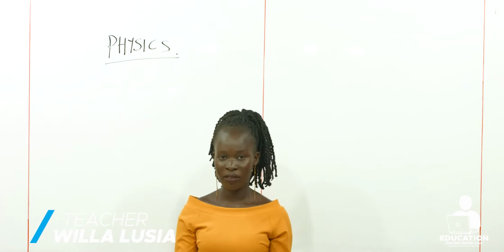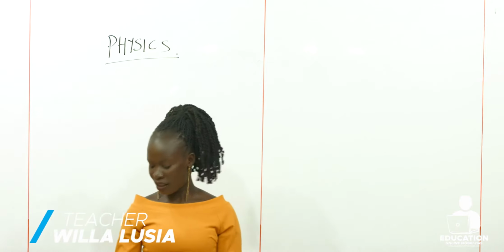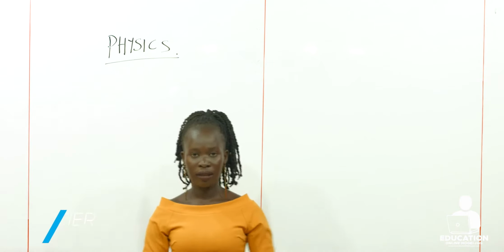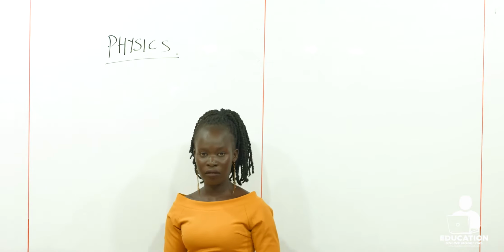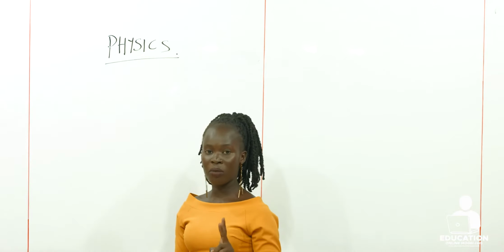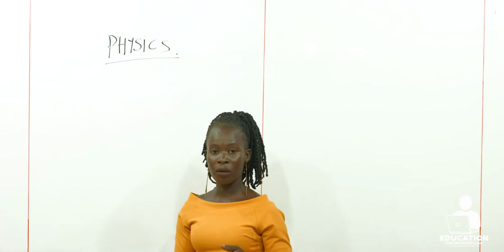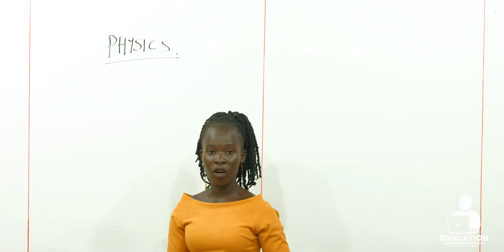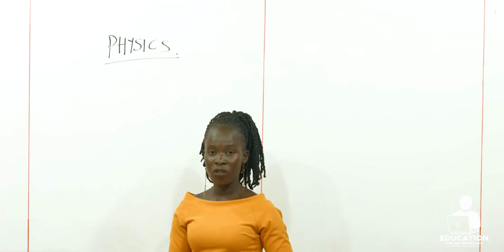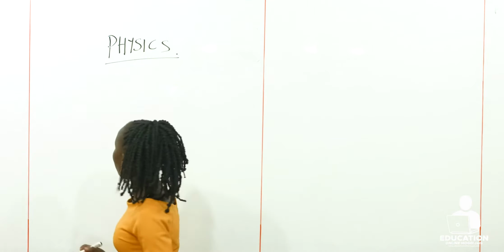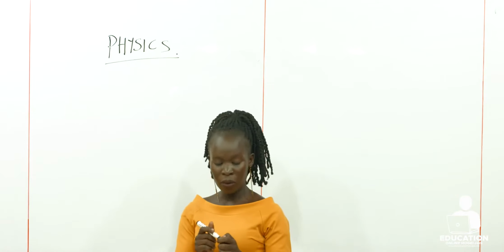I'm teacher Willa Lucia. In our previous lesson, we learned about the distance time graph. We said there were two types of graphs you can use to describe the movement of any object. We looked at the distance time graph, where we talked a lot about it.